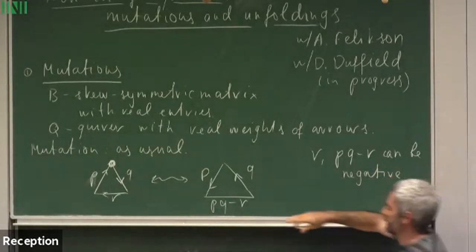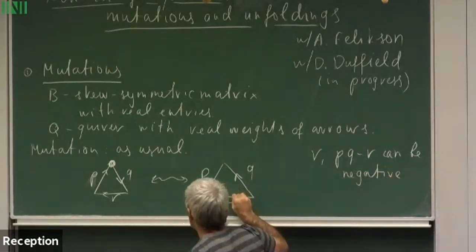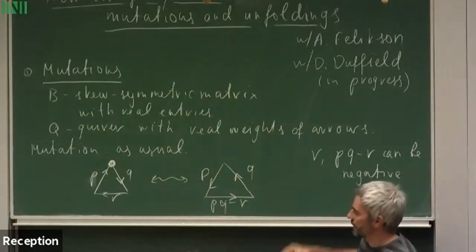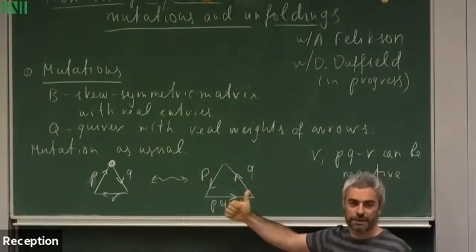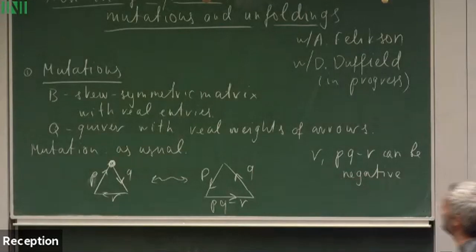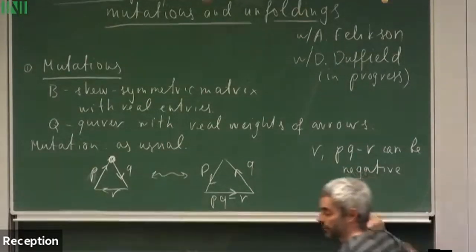A negative weight means that the arrow has the opposite direction. So this is mutation.